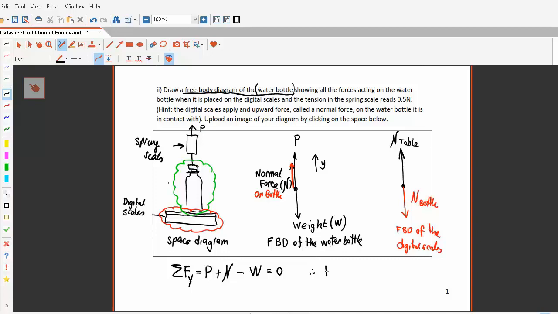So therefore we can see that P plus N must equal W.